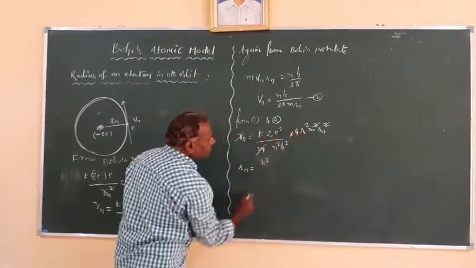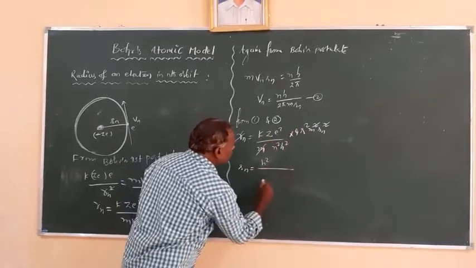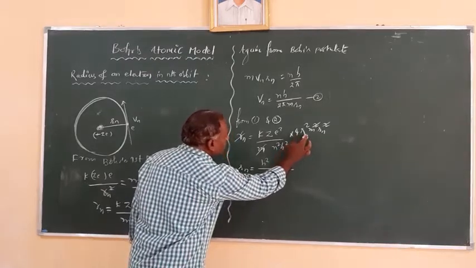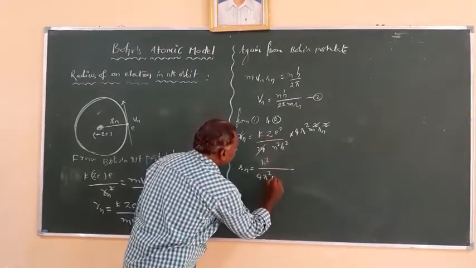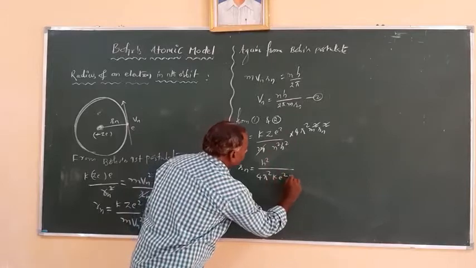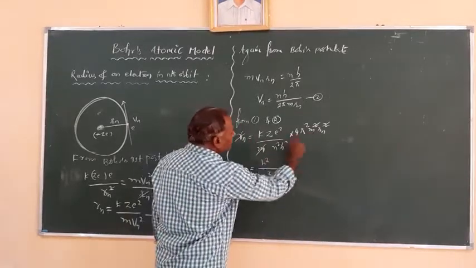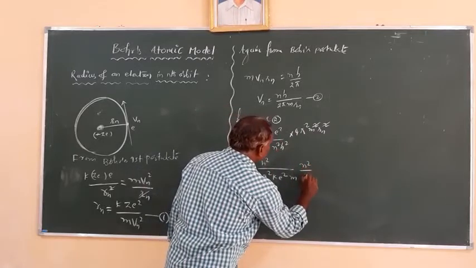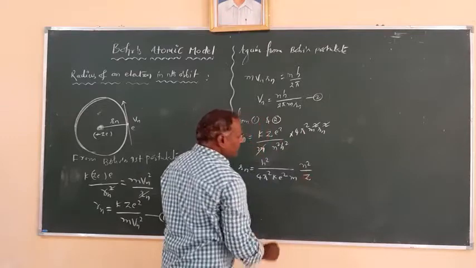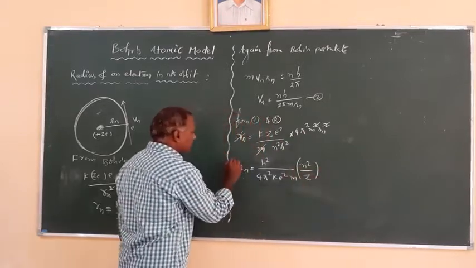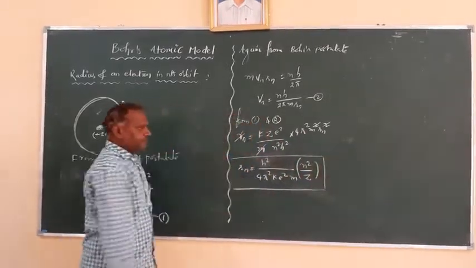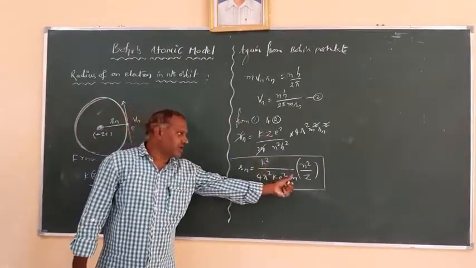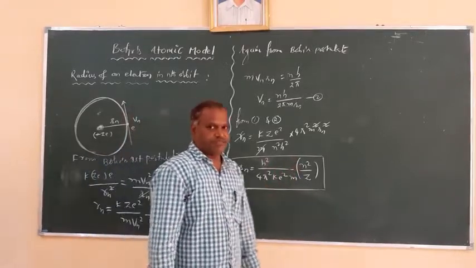The total value is 4 pi square k e square m Z, and here n square is there, so you can write n square upon Z. This is the equation that can be written for Rn. See, this Rn is given by h square upon 4 pi square k e square m into n square by Z.